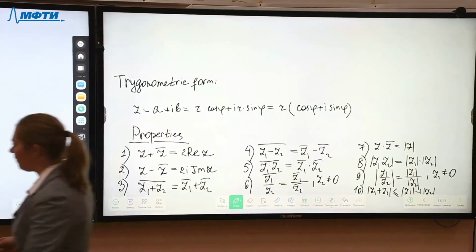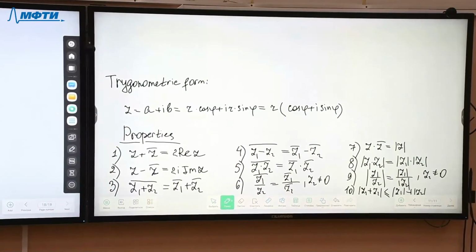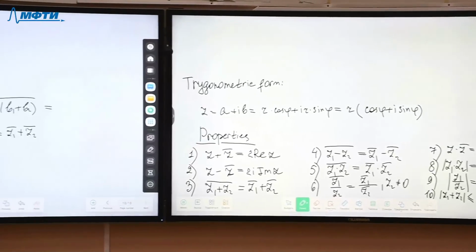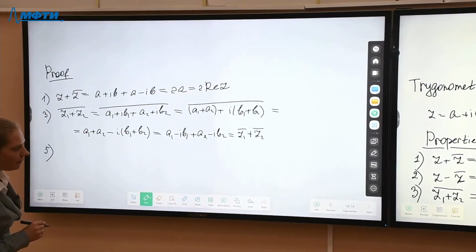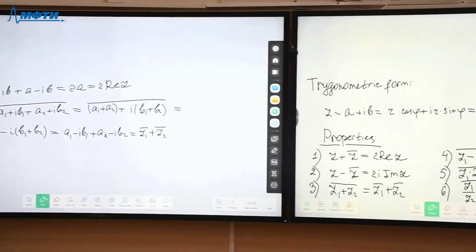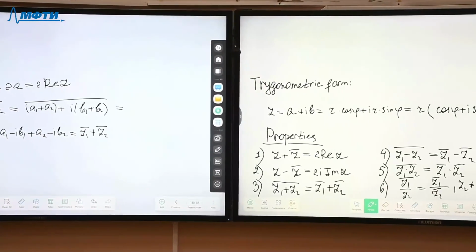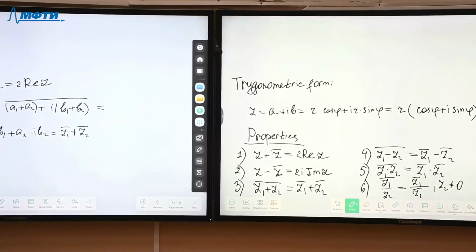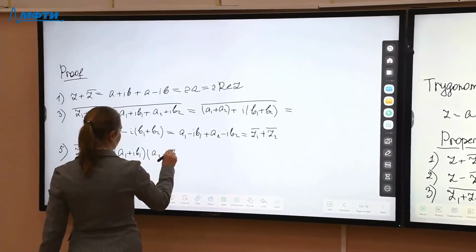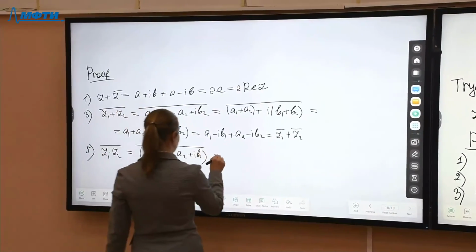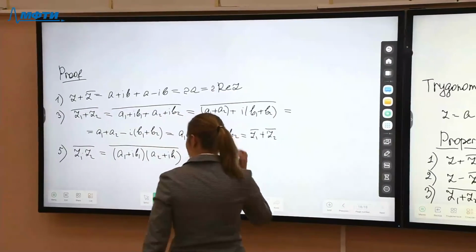Then number 5, z1 times z2. So again, z1 is a1 plus ib1. z2 is a2 plus ib2. Conjugate. Now let's find this product.